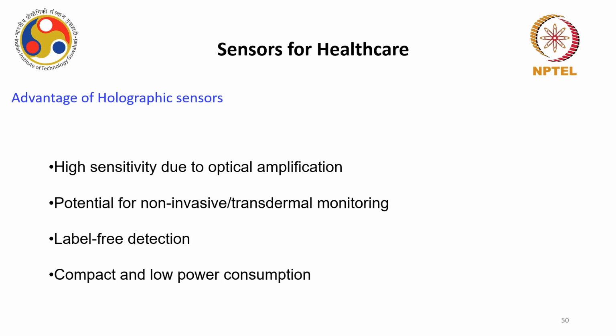Okay, there are various advantages associated with the holographic sensors, like they have high sensitivity due to the optical amplification associated. They have potential for non-invasive or minimally invasive monitoring of glucose level in blood as well as in the interstitial fluids. Label free detection technique, you do not use any labels. They are compact and low power consumption devices.